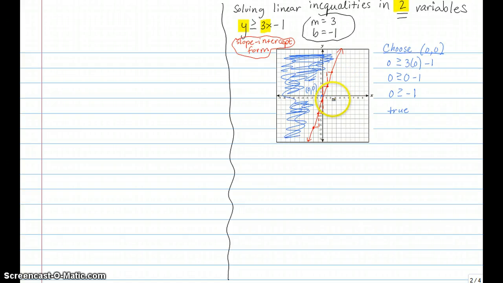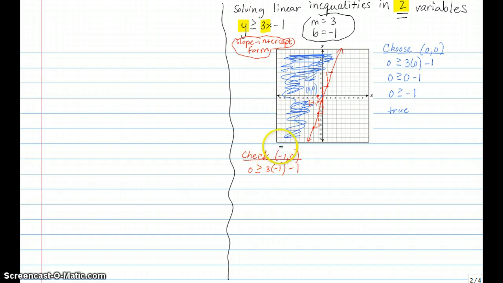Now we're going to pick a different point, just so we can see that it does work. We'll pick this point at -1, 0, and then we'll check to see if it is in fact a solution. So if we substitute it into that equation, y is 0, it's greater than or equal to 3 times -1 minus 1.